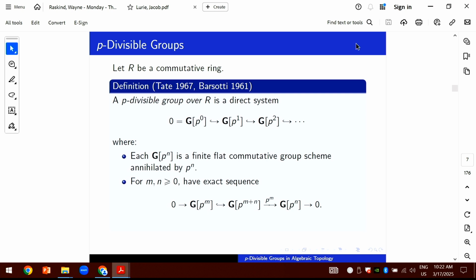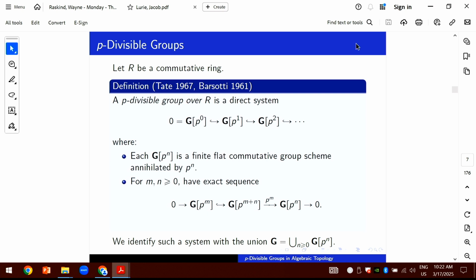And you have an exact sequence like this that tells you that the map multiplication by p^m is always a surjection from G[p^(m+n)] onto G[p^n]. So in other words, every element of G is p-divisible, at least locally, for the flat topology.